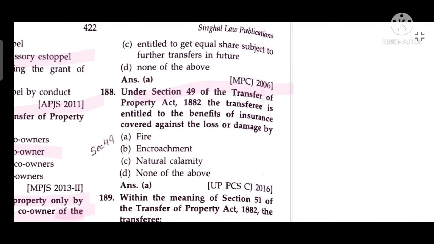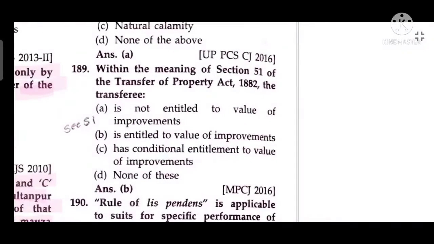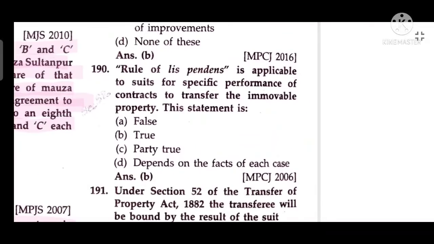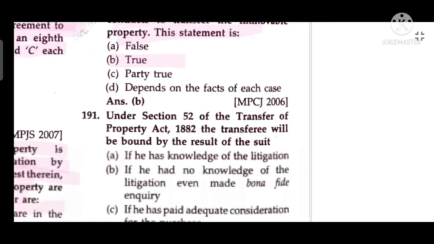Under Section 49 of Transfer of Property Act, the transferee is entitled to the benefit of insurance covering loss and damage by fire. Within the meaning of Section 51 of Transfer of Property Act 1882, the transferee is entitled to the value of the improvement. The rule of lis pendens is applicable to a suit for specific performance of contract to transfer immovable property. The statement is true.